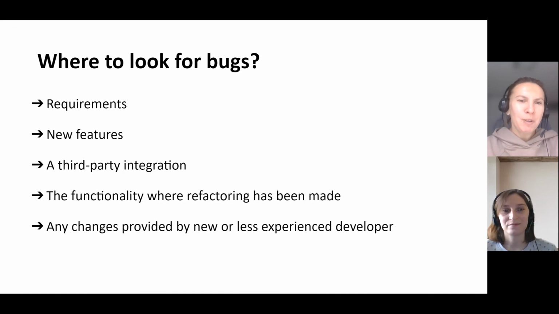Absolutely. And for sure, the next place for finding a lot of bugs is integration with third parties. It means other applications or other features. Integration is always an area to search for bugs. Even if it is a new feature that was integrated with old features, integration is always a place where you should be very attentive and look through all possible scenarios.